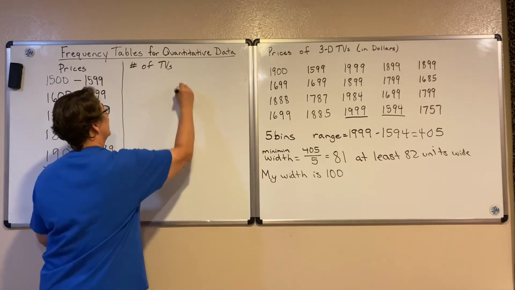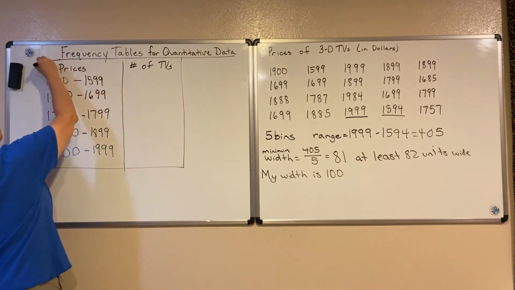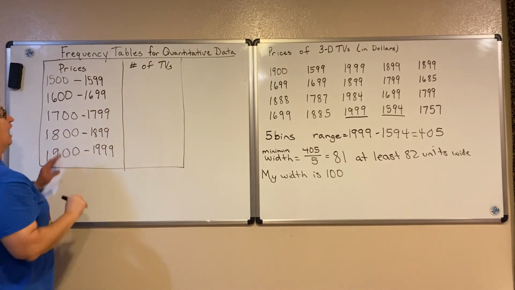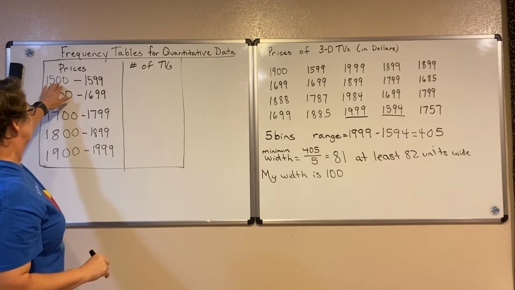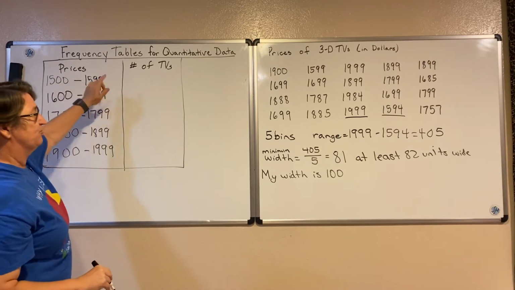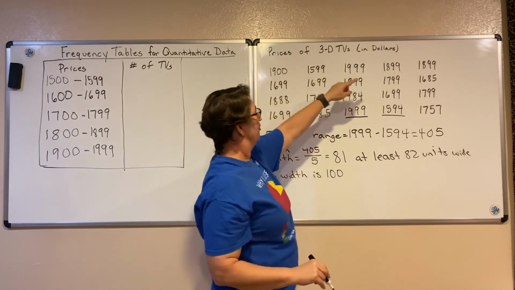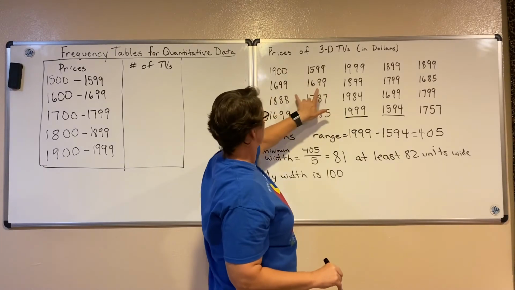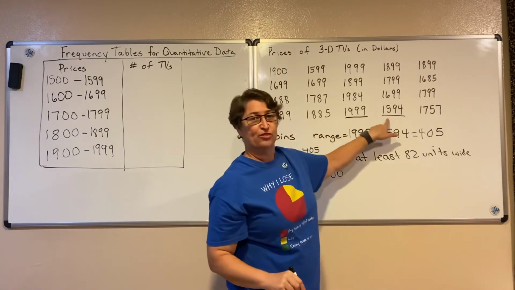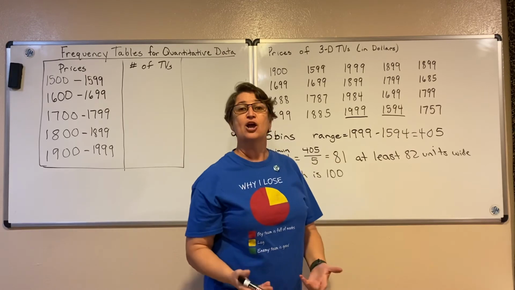There's a couple of ways you can do this. You can go through and count how many TVs are in the price range between $1,500 and $1,599. So there's 1, 2 within that range. So maybe I do it that way.